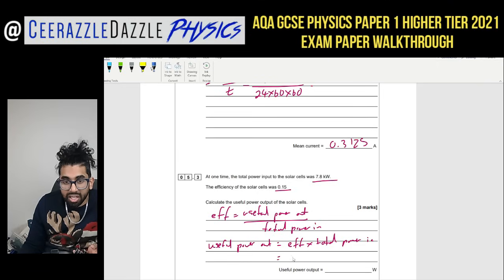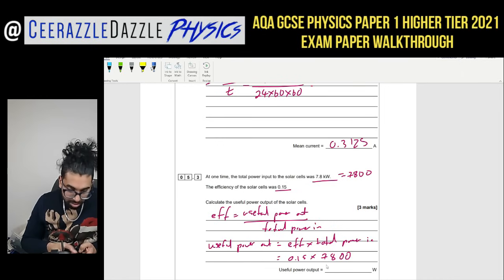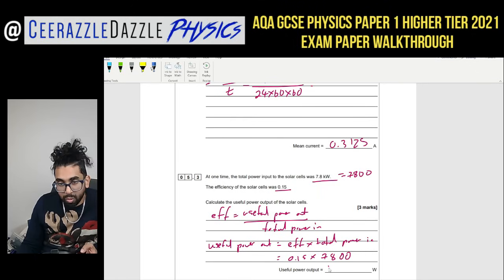So the efficiency 0.15 times total power input 7,800, which I've converted. So it's 0.15 times 7800, which is 1170. That's my useful power output here.